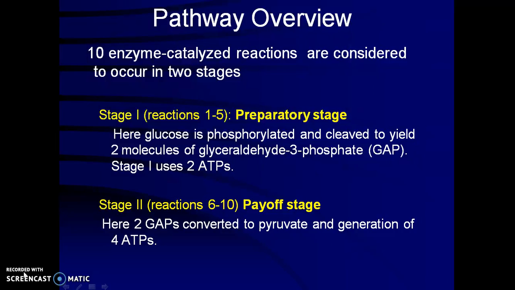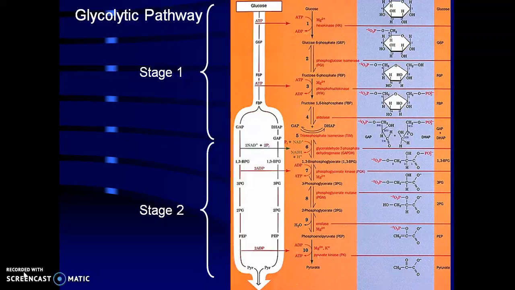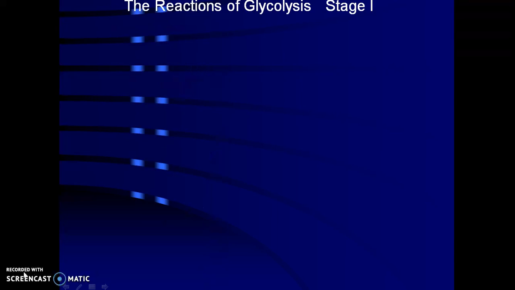In stage 2, which consists of reactions 6 to 10, 2 glyceraldehyde 3-phosphate molecules get converted to pyruvate with concomitant production of 2 molecules of ATP.